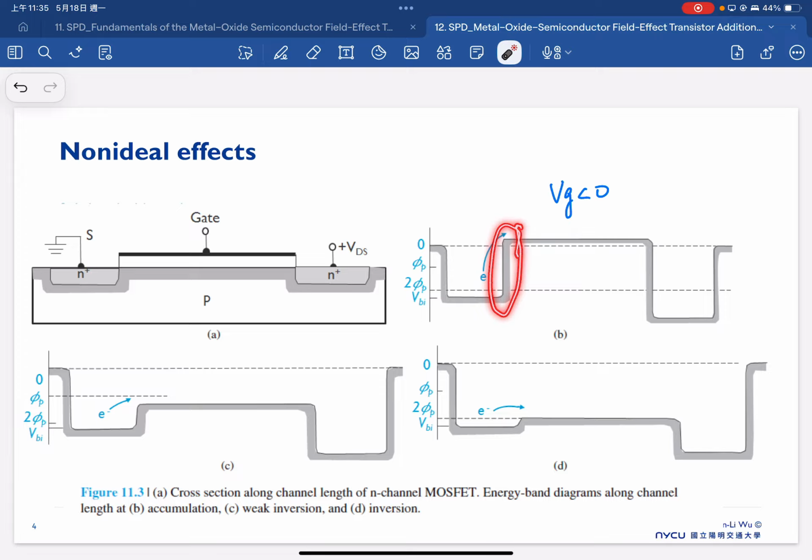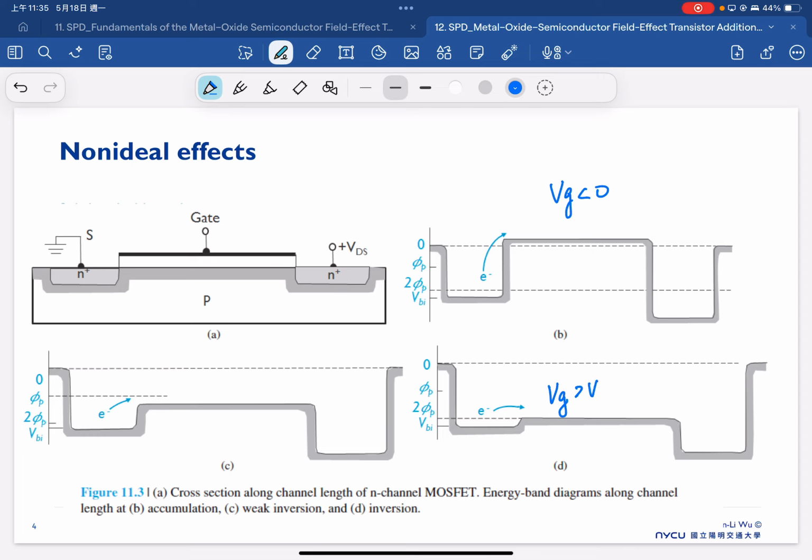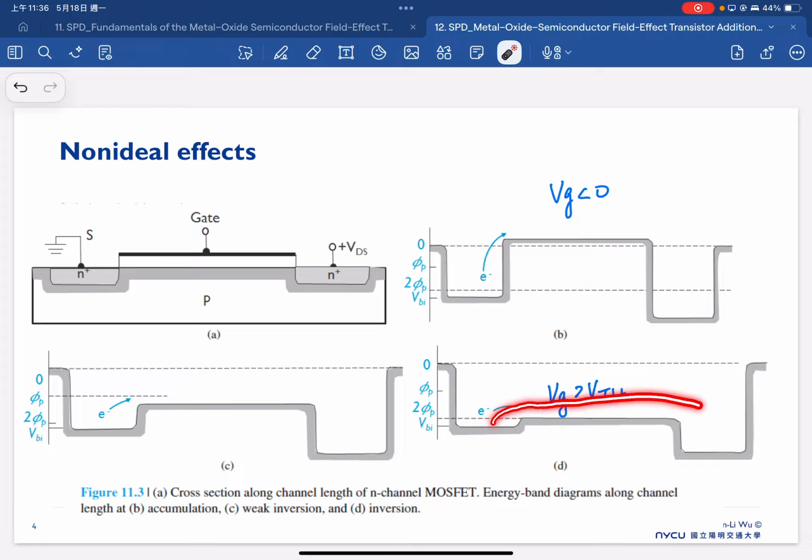In the previous case, we said the electron can conduct when VG is larger than VTH, so the barrier height is reduced, and the electron can start to travel from the source to the drain.